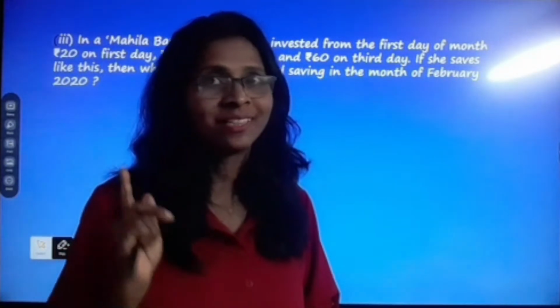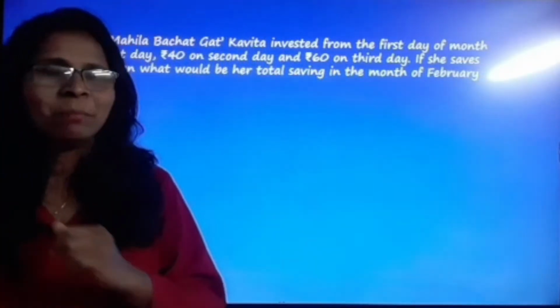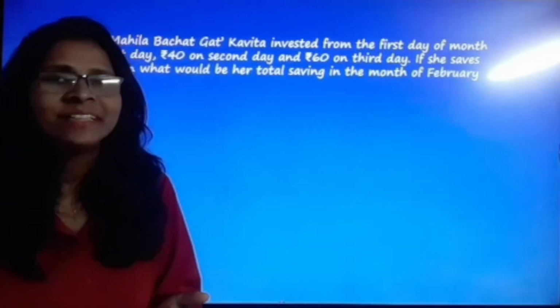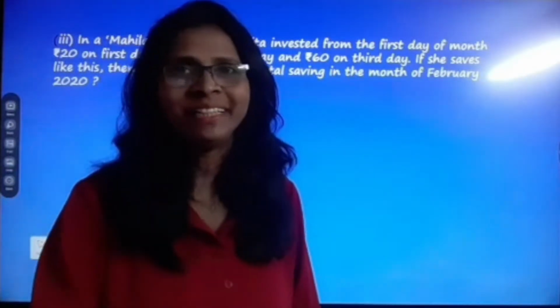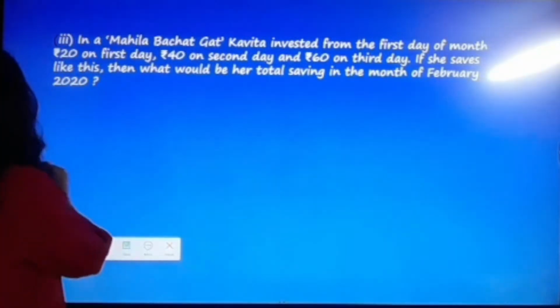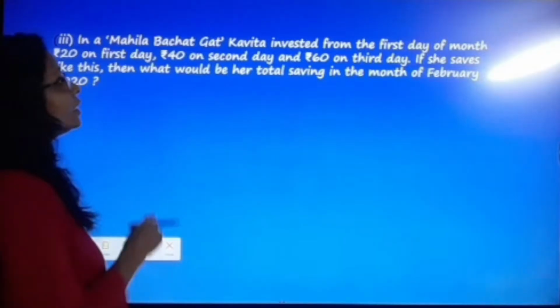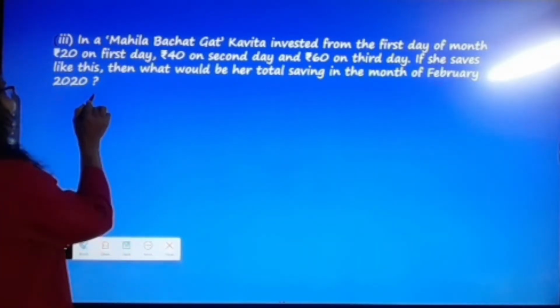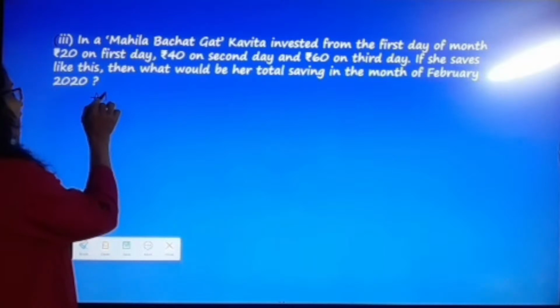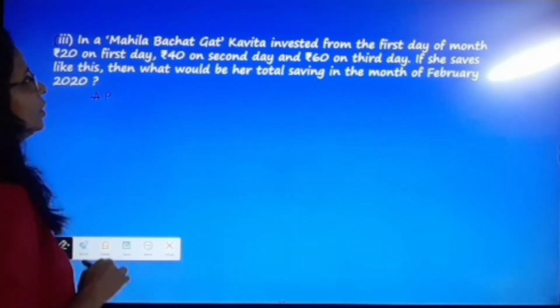So students, lakshat theva, what is the number of days in February 2020? So there are 29 days. Okay, so now first we write down the given. First we write down the AP.